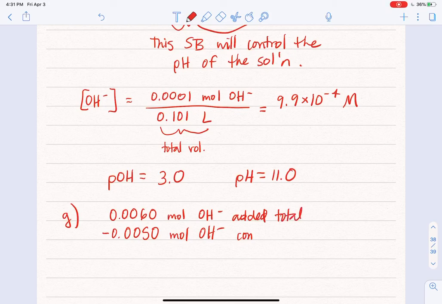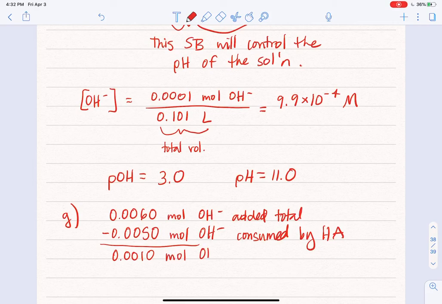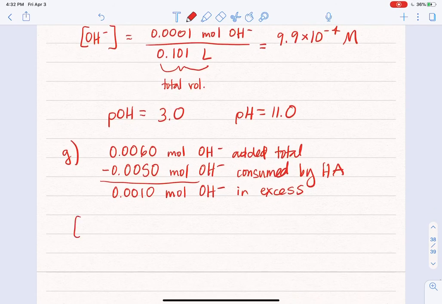by the benzoic acid. So at this point in the titration, I have 0.0010 moles of hydroxide in excess. And that means that my hydroxide concentration is going to be equal to 0.0010 moles of hydroxide over a total volume of 110 milliliters now, 60 plus 50.